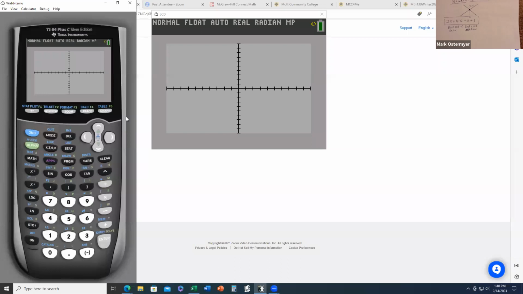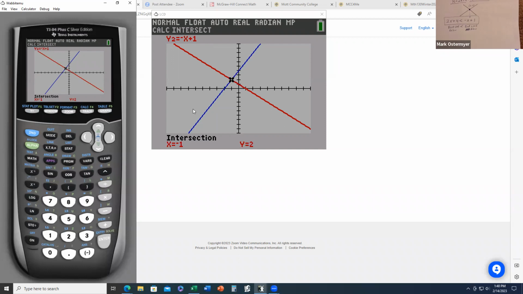Let's graph them. Now, what was that point of intersection again? I'm going to have to find it again. So go down, use the intersect function.